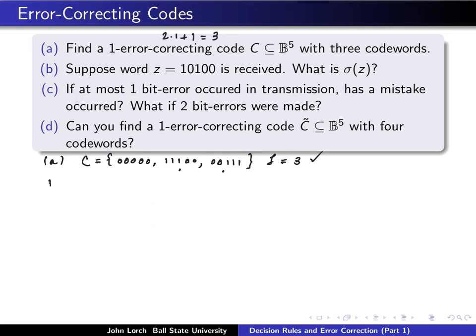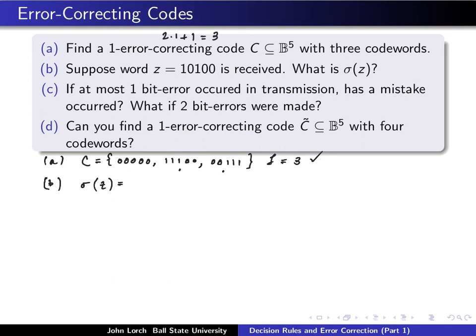All right, so now in part B, we've received through our channel this string 10100, and we are to apply the minimum distance rule to compute sigma of z. Which of these 3 code words is closest to 10100?